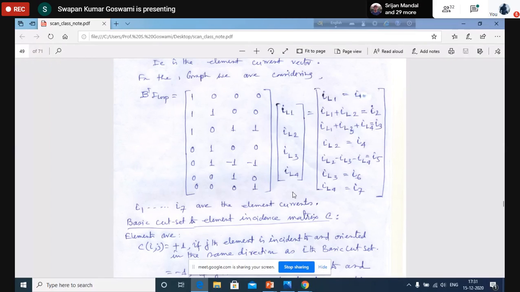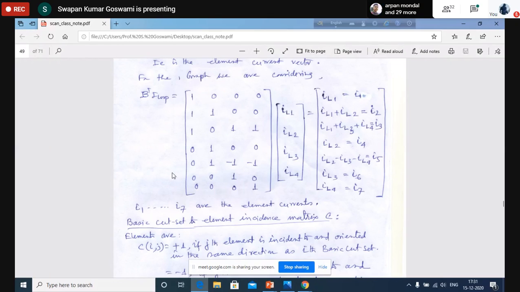Okay, that means once you solve for the loop current using loop analysis technique, you can obtain the element current by pre-multiplying the loop current vector by the transpose of the B matrix, sorry, the loop to element incidence matrix. Okay, that is shown here.